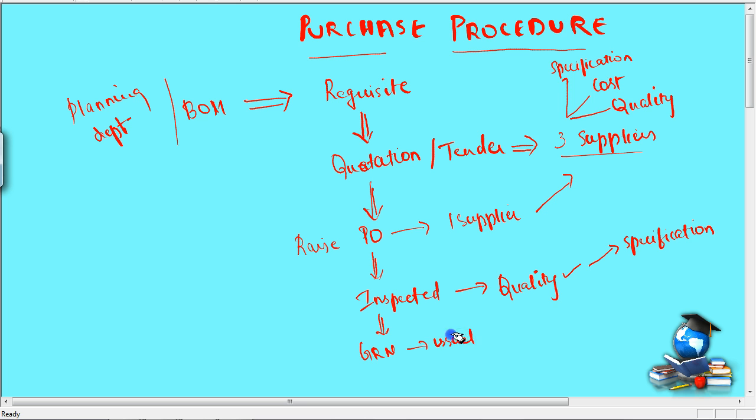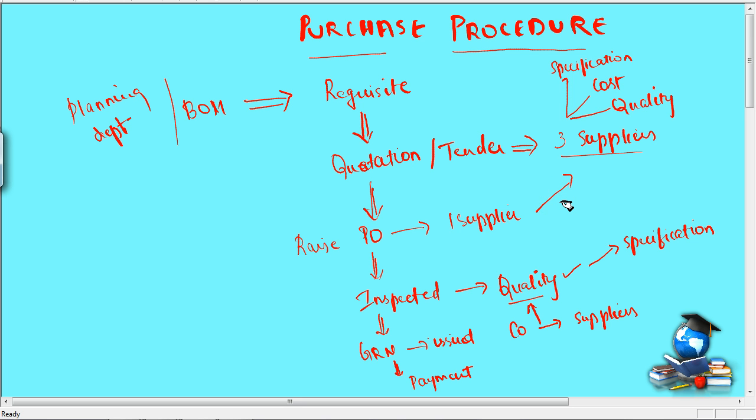That means a goods received note is a confirmation by the company to the supplier that goods have been received as per the quality standards. Once the goods received note is issued, finally payment is made and the procedure is complete. So these are the basic steps of purchase procedure.